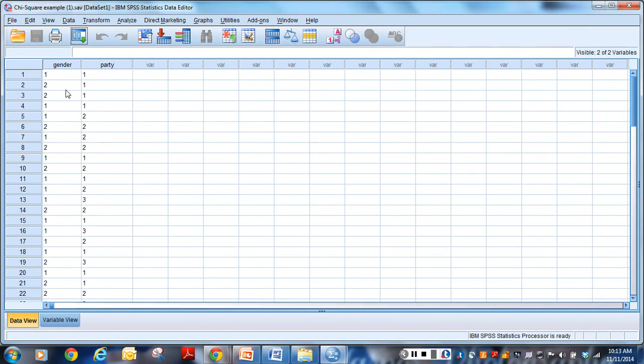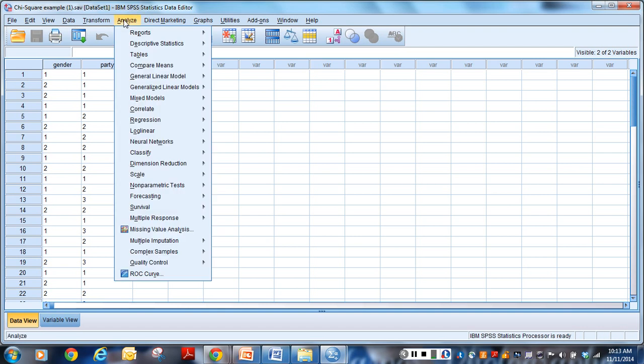Okay, we have our two variables here, gender and party. Notice our gender is coded as 1, 2, party is coded as either 1, 2, or 3. So let's click on Analyze, Descriptive Statistics, and then Crosstabs.